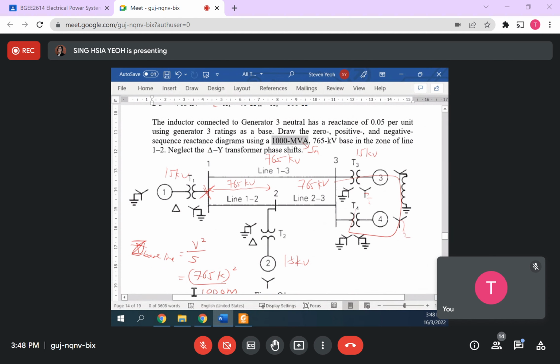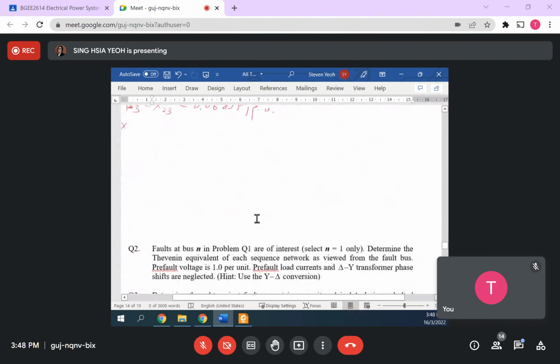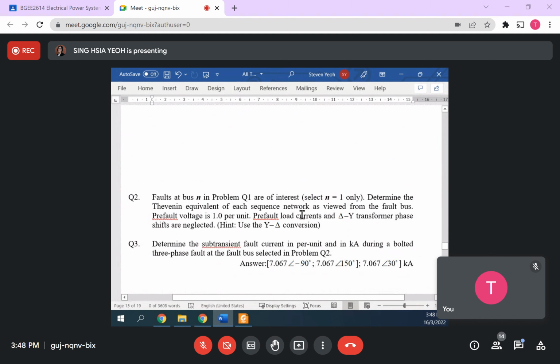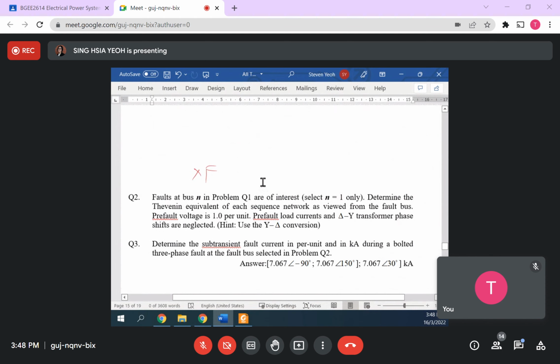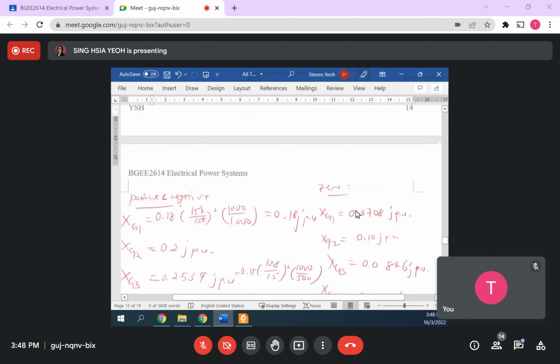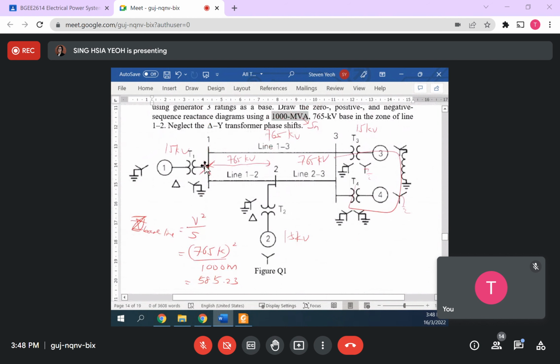But this is not a good way to describe the fault location. Normally in your test or exam, I will say label as F. I will have a cross labeled as F. That means that it's a fault bus. So I think the fault bus is bus N, bus 1 here.